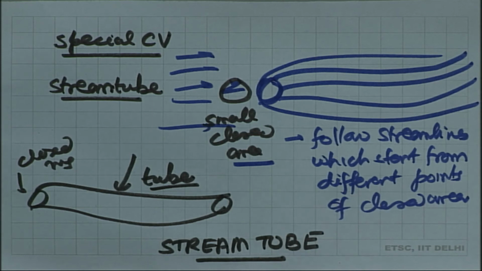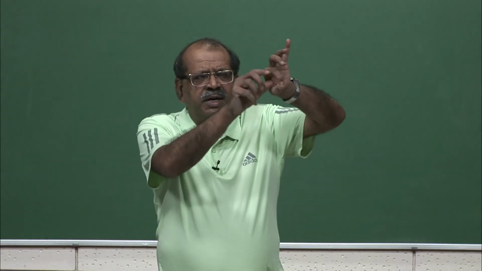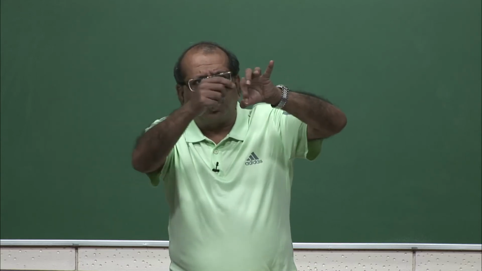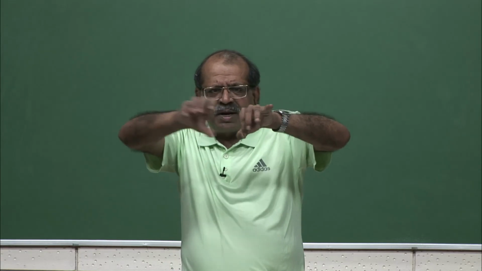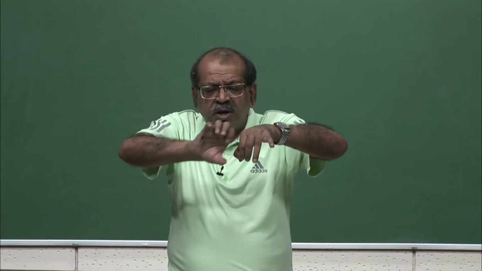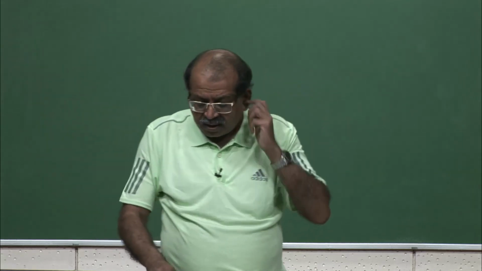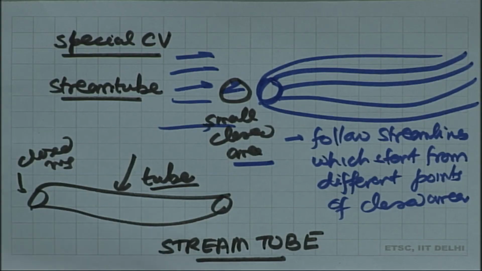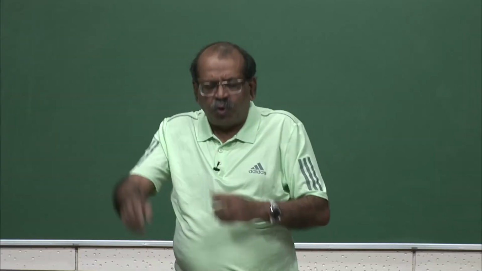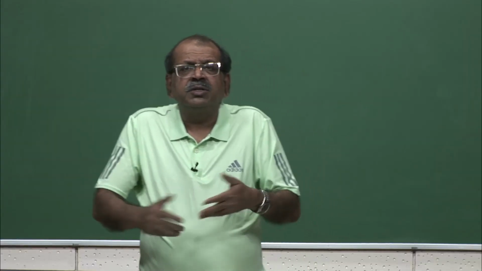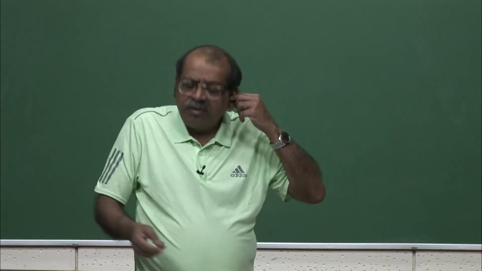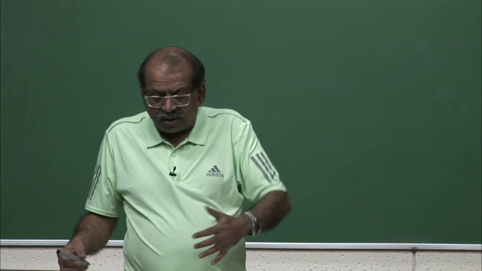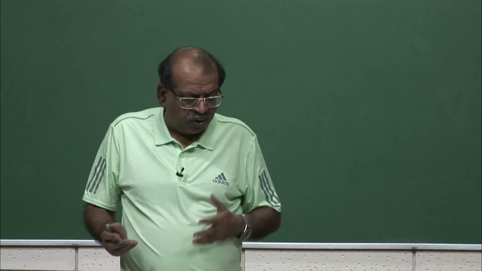I take a closed circle, follow the streamline from the top, from the second point, third point, and keep following all the streamlines; no fluid will cross it. The surface of this tube is only the same fluid. So, it is not that we have put a physical tube in the flow.